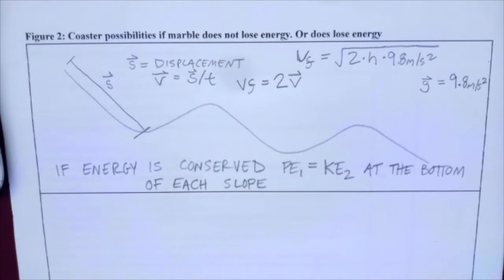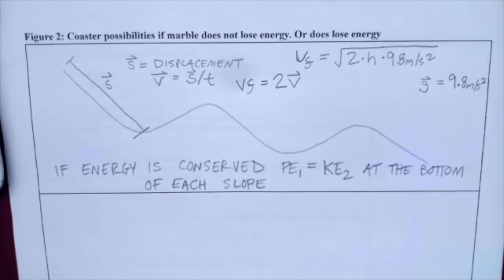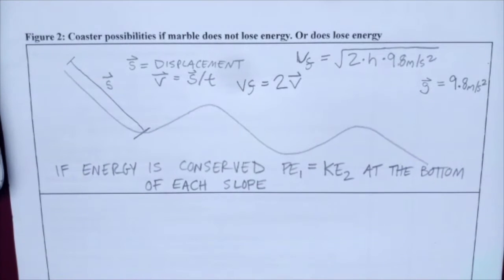The final instantaneous velocity of the marble on one slope is going to equal 2 times the average velocity that I calculate.